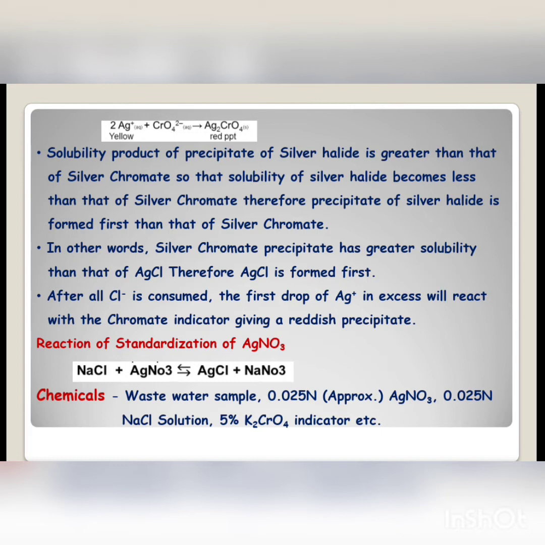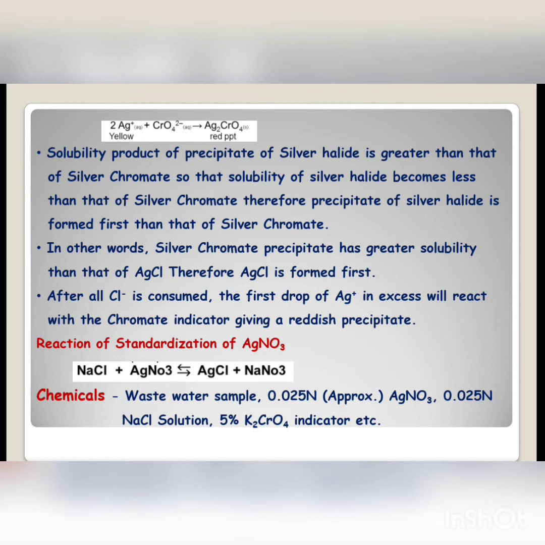As silver nitrate solution is slowly added, a precipitate of silver chloride forms. See the reaction: Ag+, aqueous silver ions, plus Cl- in aqueous state, will give AgCl, silver chloride, a white precipitate.